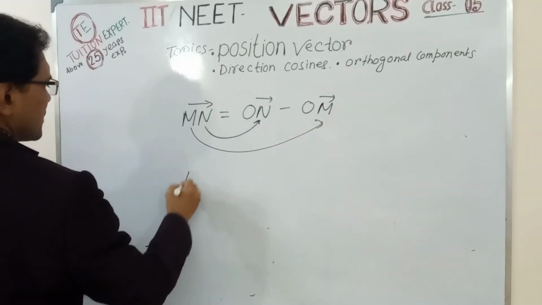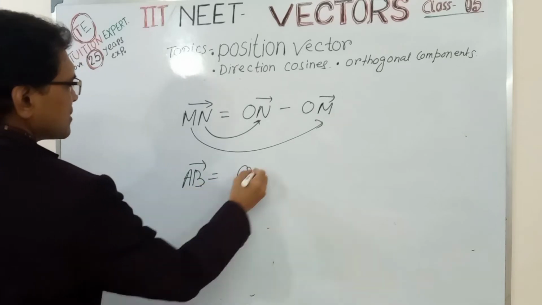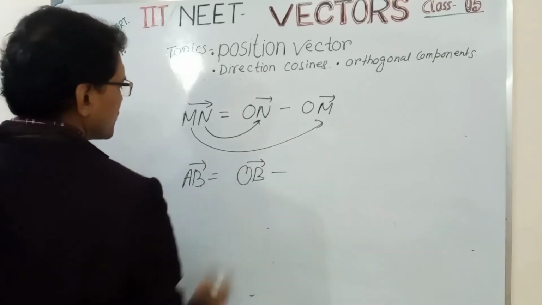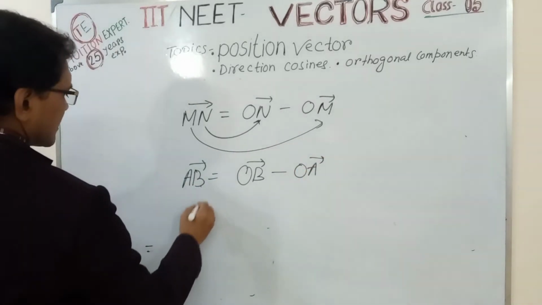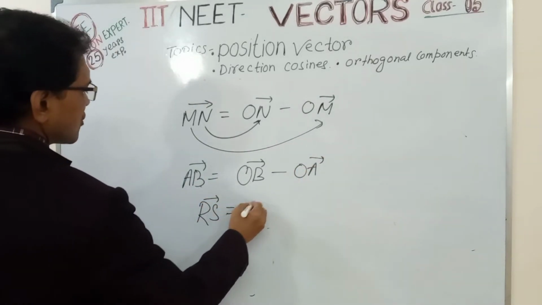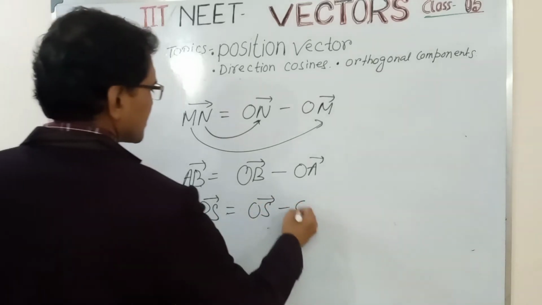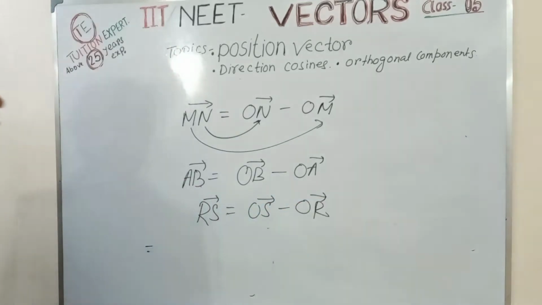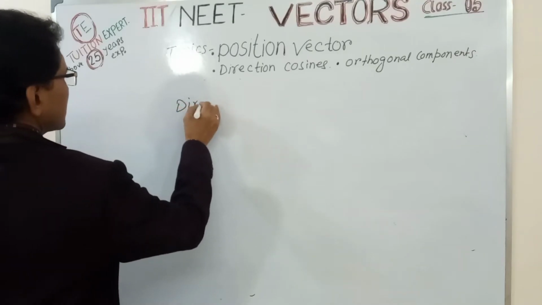Suppose AB vector equals OB minus OA; the end point is B, so we start from OB. RS: the end point is S, so we start from S. So remember that for a vector the end point comes first.